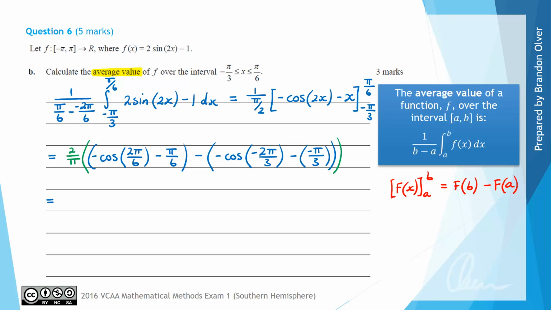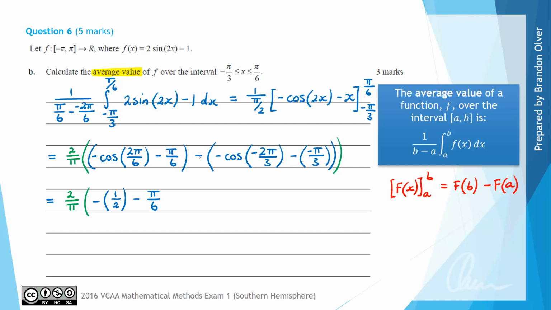So this is going to equal, and for the time being we're going to leave the 2 on pi out the front, and then we need to remember our exact values. So cos of pi on 3, which is what 2 pi on 6 is equal to, is going to be a half, and then we still have minus pi on 6 there. And then here we've got a few negatives involved.